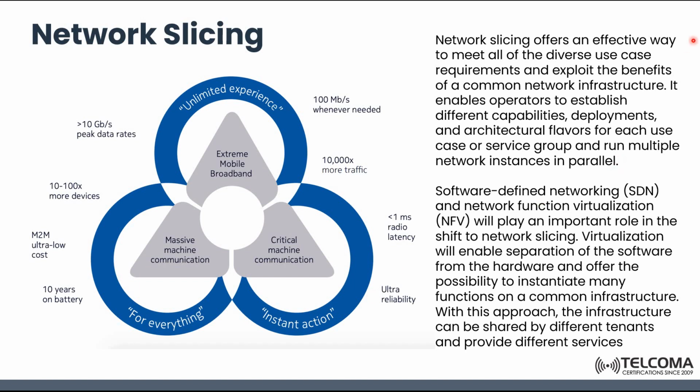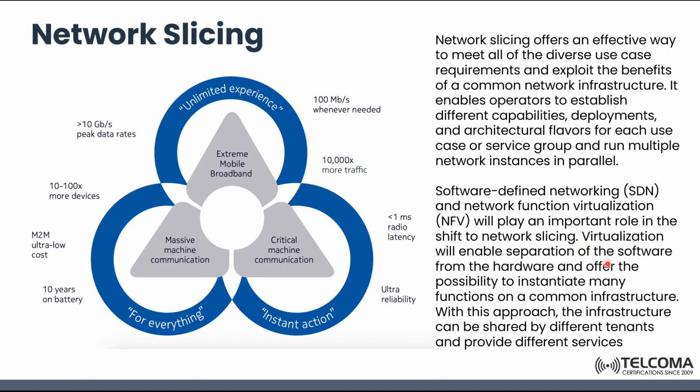Network slicing offers an effective way to meet all of the diverse use case requirements and exploit the benefits of a common network infrastructure. It enables the operator to establish different capabilities, deployments, and architecture flavors for each use case. Software defined networking and network function virtualization will play an important role in the shift to network slicing.